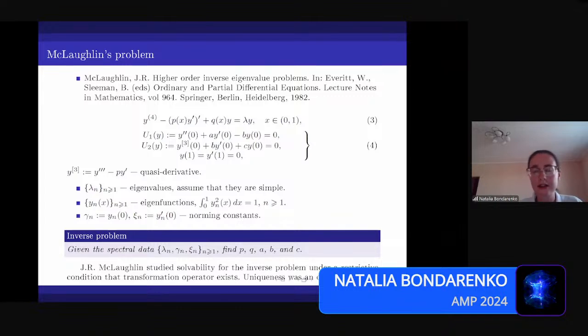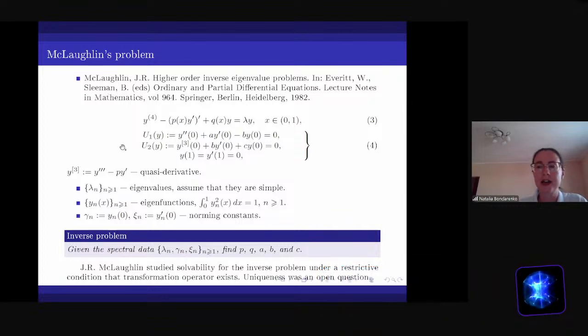And I began a discussion of their mistakes, and they tried to use McLaughlin's results, but they used not the existence but the uniqueness theorem for this problem. And I started to argue that the uniqueness for this problem doesn't hold. And finally, I have proved that actually uniqueness for this problem is valid, and its solution is unique.